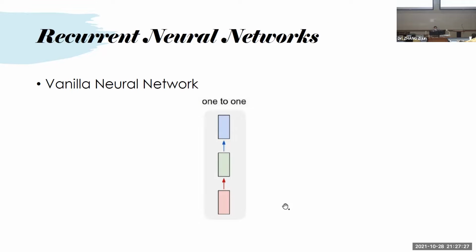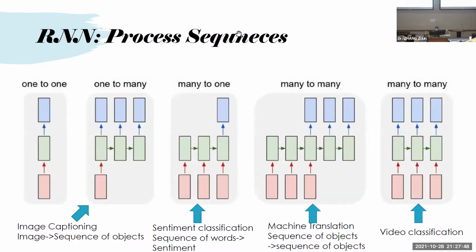Next we go through the concept of recurrent neural networks. First, we start with the vanilla one-to-one neural network: you have an input node, a hidden layer, and the output. Recurrent neural networks have different structures for processing different sequences. We have one-to-one, with one input, one hidden layer, and one output node.